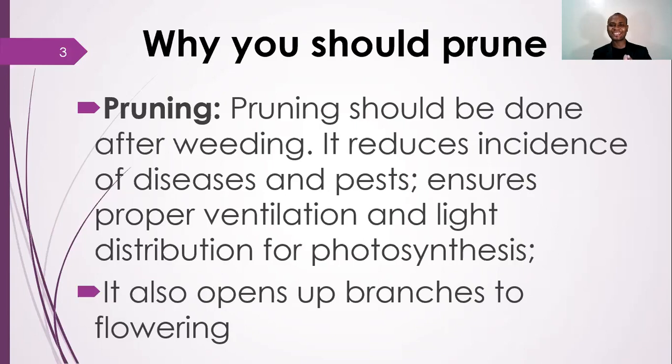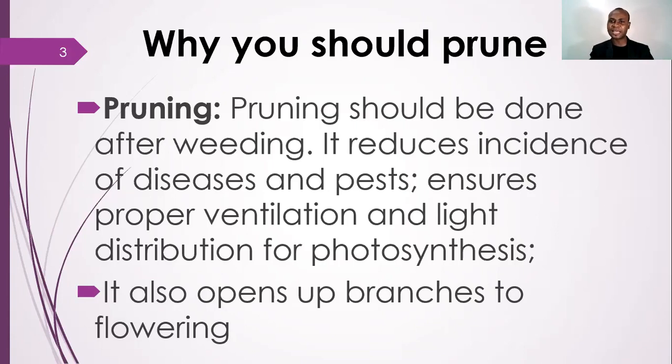It also opens up the branches for flowering. So when pruning is done, flower initiation is enhanced. Unlike other tree crops, for cacao the flowers appear on the stems and the branches, not on the tip of the branches.